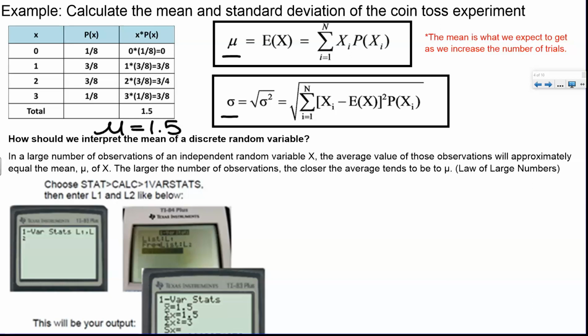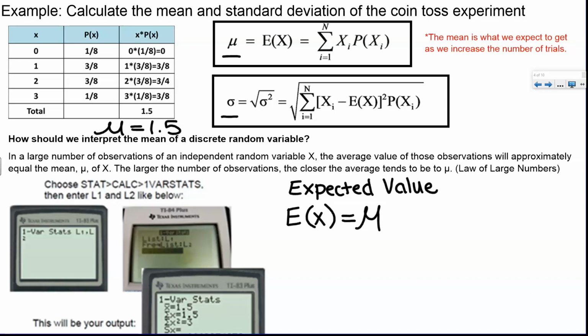What does that tell us if I know that the mean of the number of heads random variable is 1.5? How we're going to interpret it is we're thinking of that as our expected value. The expected value is sometimes also used in place of the name mean. So if we do expected value, you might see it written like this.